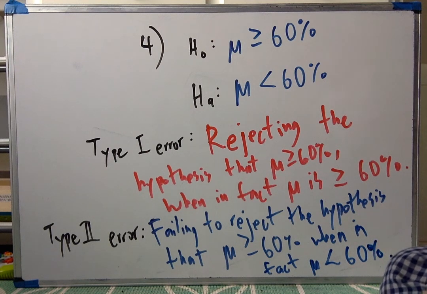So I fail to reject that mu is greater than or equal to 60%, but in fact mu is less than 60%. So in fact it's false, but I fail to reject the hypothesis.